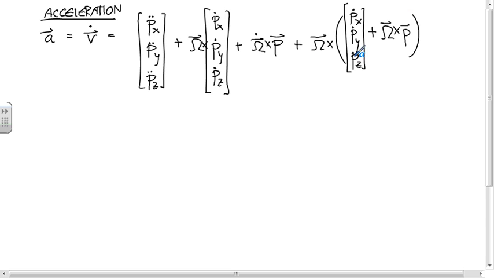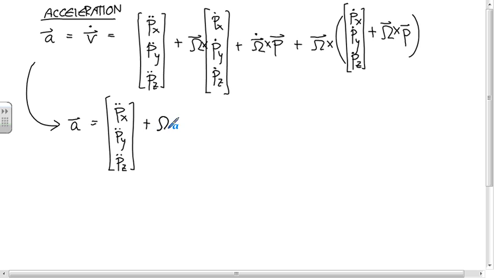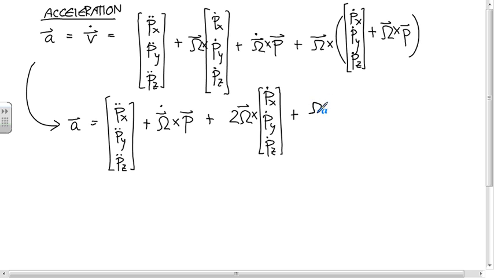And you can simplify this, group like terms together, and you get that the acceleration vector is equal to px double dot, py double dot, pz double dot, plus that angular acceleration of the coordinate system crossed with the position vector, plus 2 times omega crossed with the position components dotted, plus omega cross quantity omega cross position.